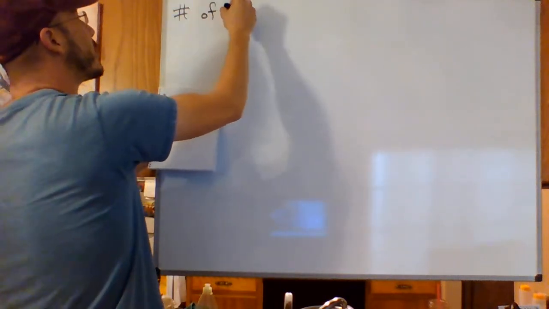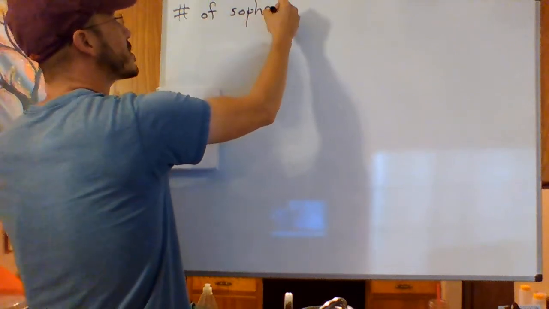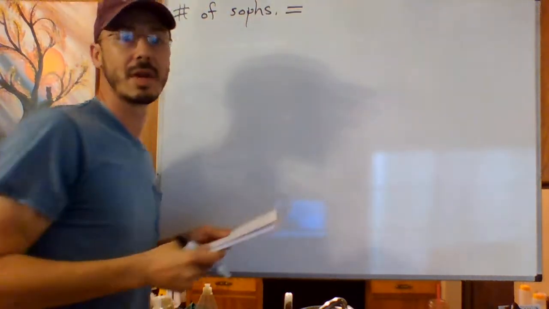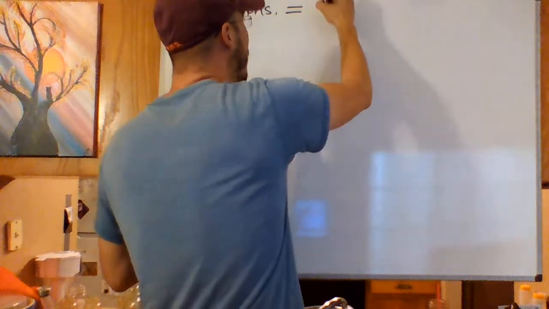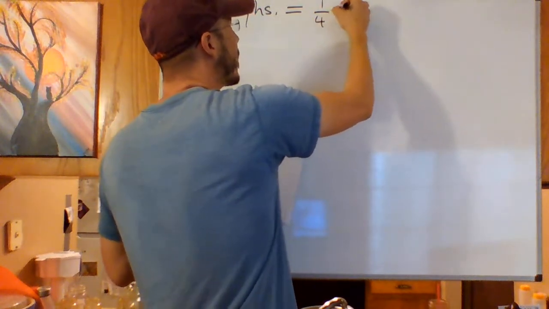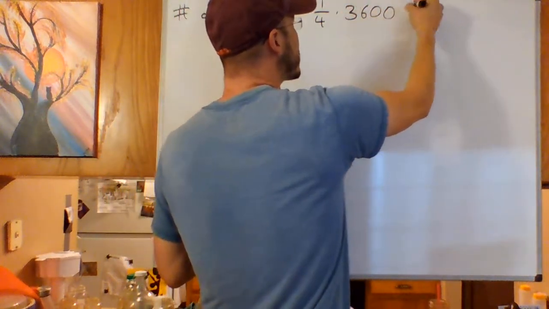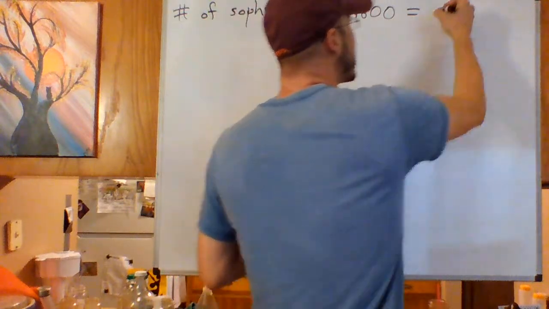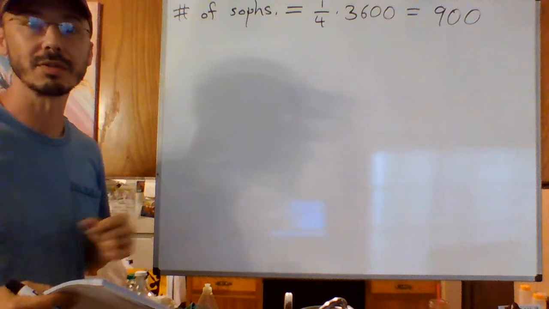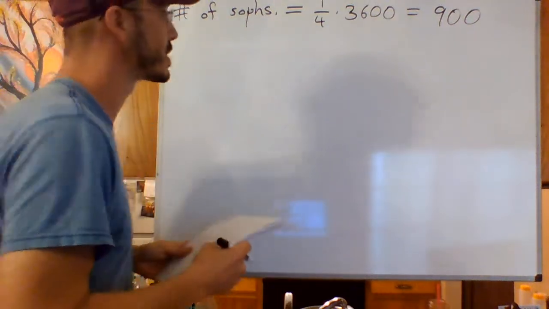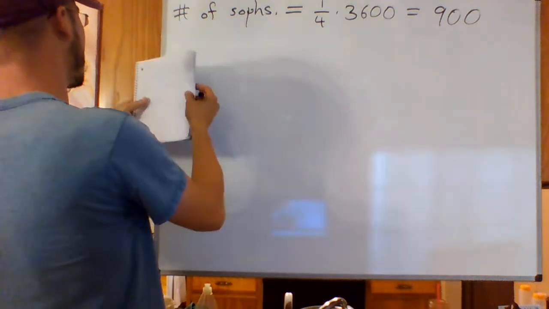So, first of all, the number of sophomores. How many sophomores are there? 1/4 of the 3,600 students is 900. There are 900 sophomores, 1/4 of the total 3,600 students.